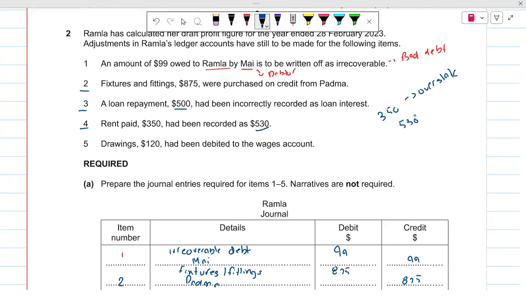So first of all, try to find out the difference, which is 180, 530 minus 350. And so we will reduce the rent payment by 180 because we accidentally overstated the rent payment.